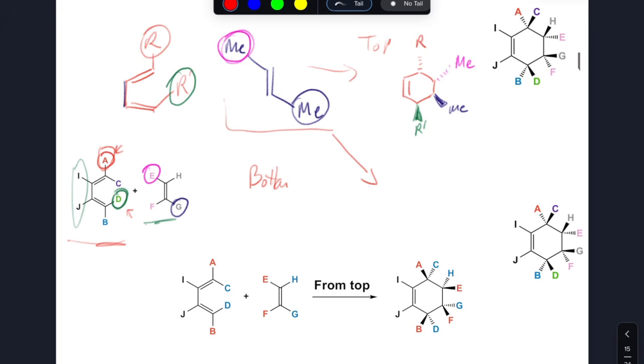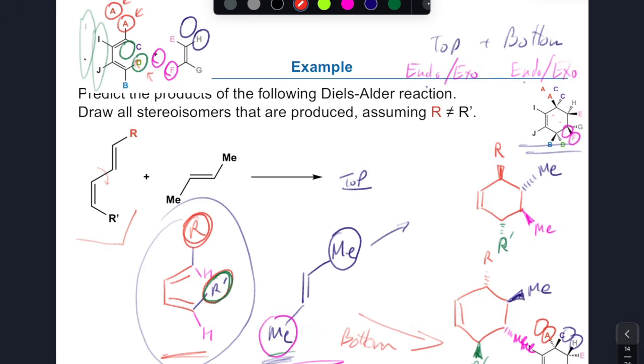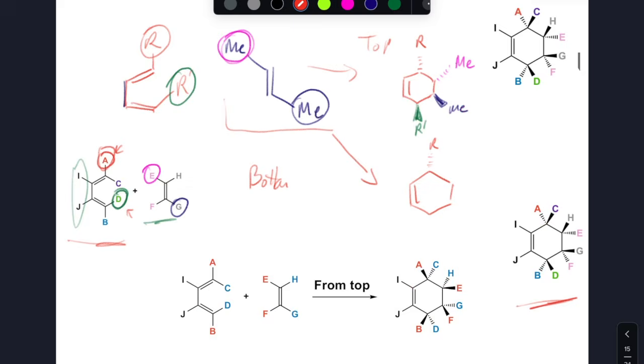Now doing the same thing from the bottom, that's just this template over here. We're still populating the A group. Sorry, that's the correct one. I actually just drew the bottom one, so let me just redraw that.